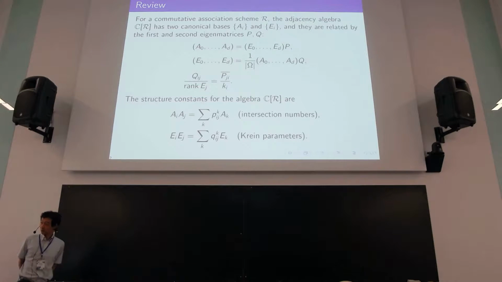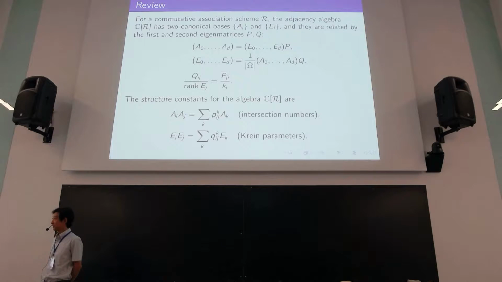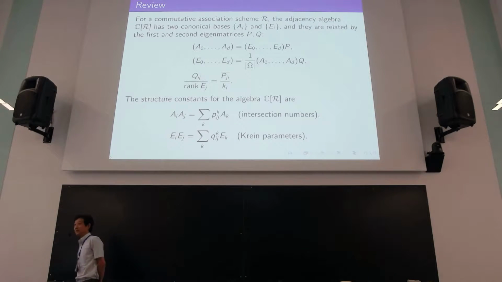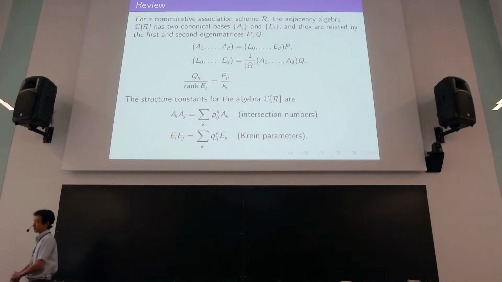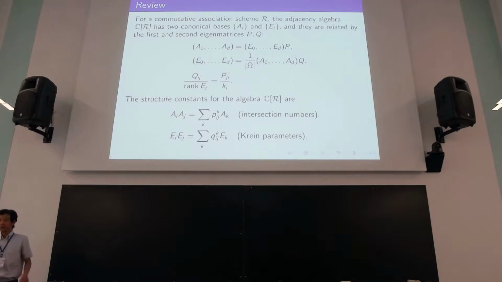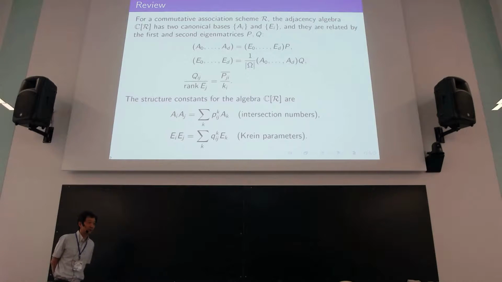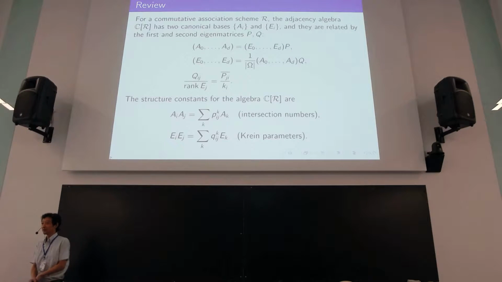So we introduced the commutative association scheme, and the fundamental example comes from a transitive permutation group. I don't recall the axioms of a commutative association scheme. It behaves like the centralizer algebra of a permutation group, and we require commutativity.